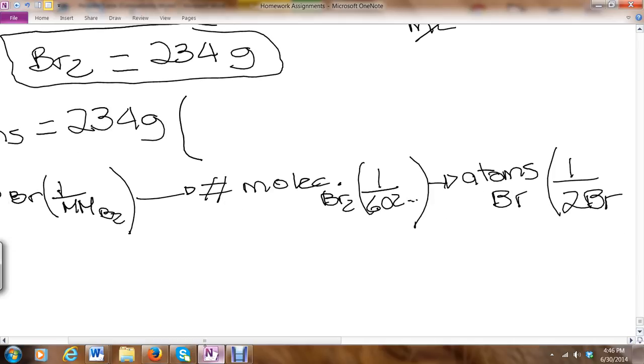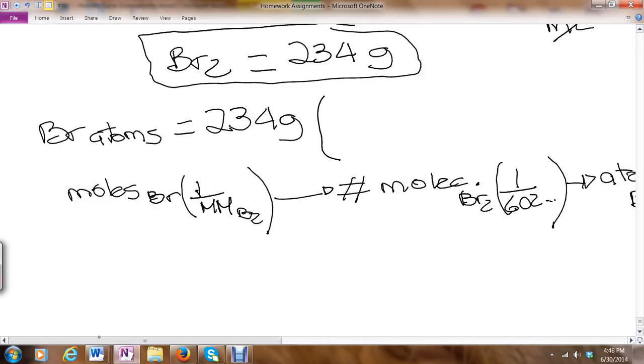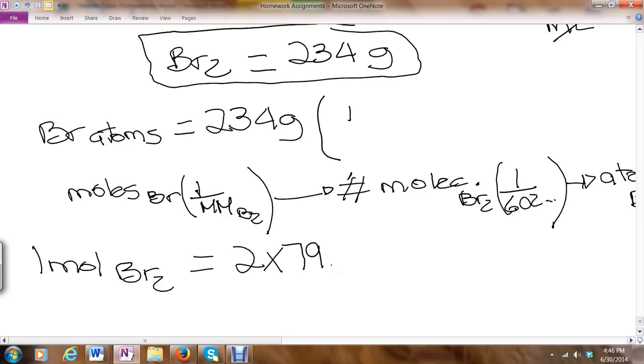So let's go ahead and finish the problem. You have 234 grams, right? Now, in 1 mole of Br2, how many grams do you have? It's twice, because that's the molar mass if you look at your periodic table, 79.904 grams in 1 mole.